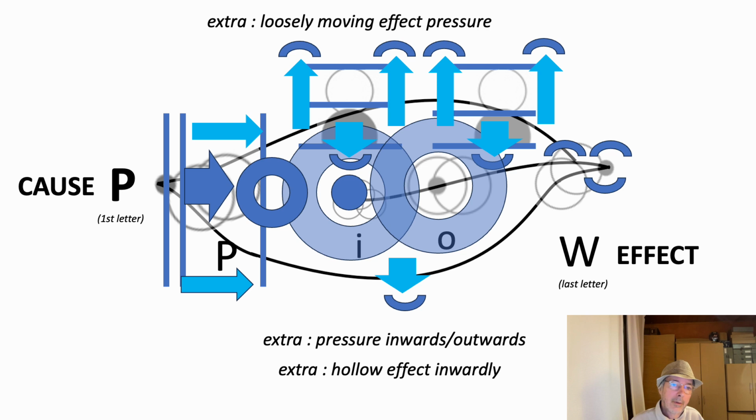So what will it do? Onto the L, onto the whole space, it will have this loosely moving effect of pressure. And we have the extra inwards pressure, and a hollow effect also inwardly.